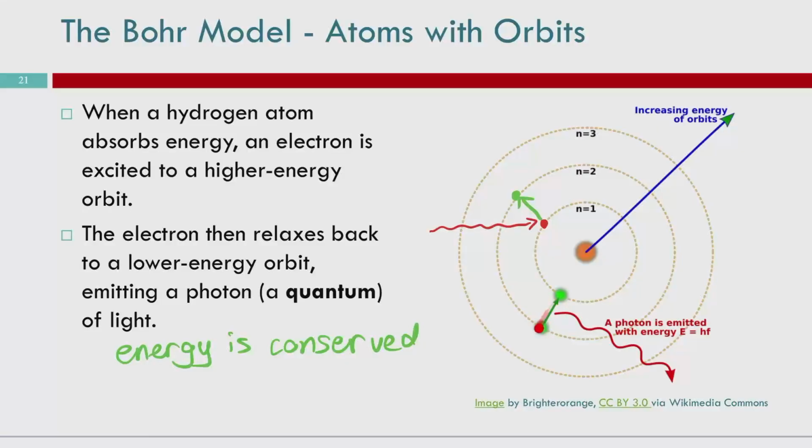So the amount of energy that it releases determines the color that's emitted. It's not always one that we can see. So the energy here corresponds to a color, not necessarily one we can see, but some sort of light.